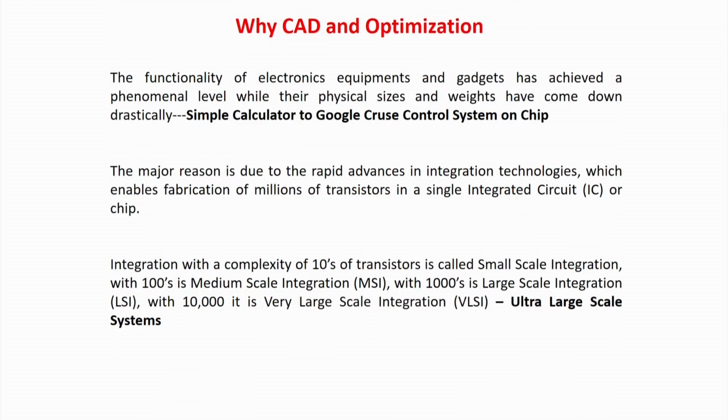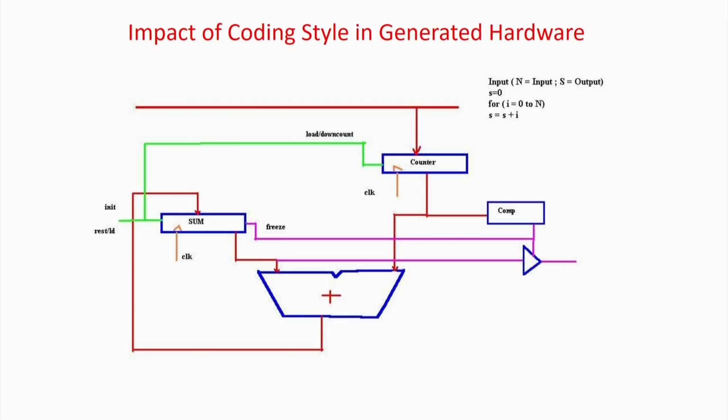Therefore, CAD and optimization are very interrelated terms when we are looking at large circuits like NOCs and SOCs. So I have given the motivation from a simple calculator to Google Cruise Control. That is the jump we have made, and all our algorithms should jump from a calculator to a cruise control system.